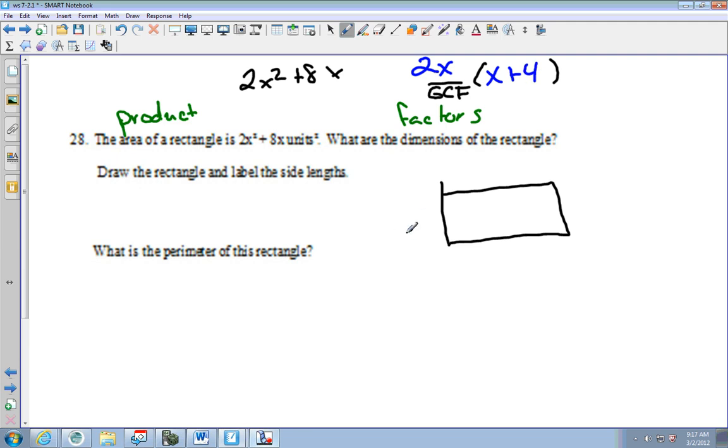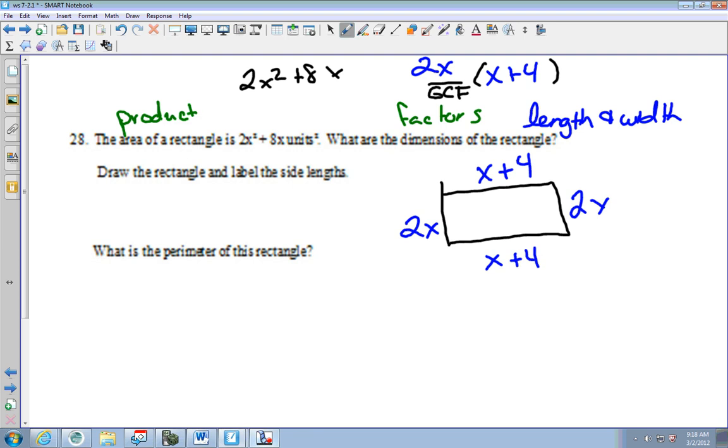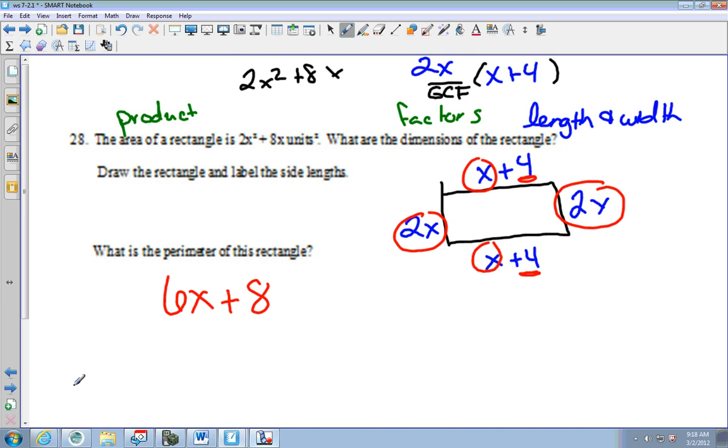So now these are my factors, which is in my dimensions. Remember, dimensions are length and width. So now we have 2x, and this side is x plus 4. So now we've labeled it, and it wants to know what is our perimeter. So I have 2x and x plus 4. Well, I've got 2, 4, 5, 6 x's, and add up the numbers. 4 and 4 plus 8. That's my perimeter.